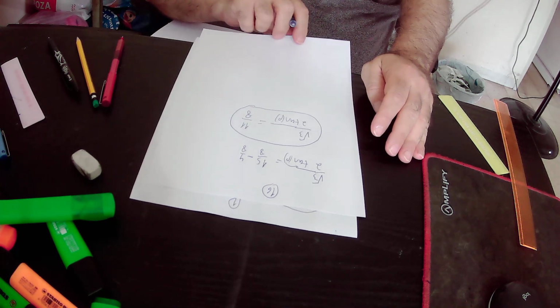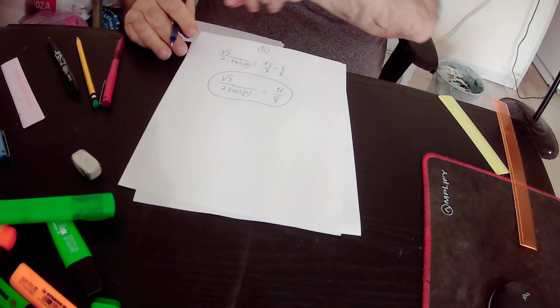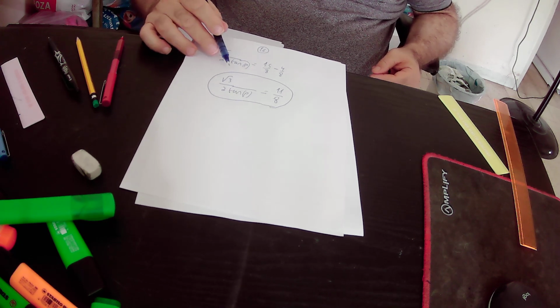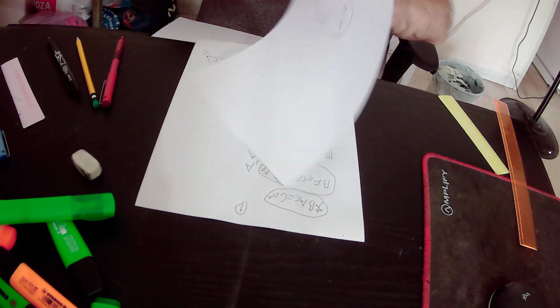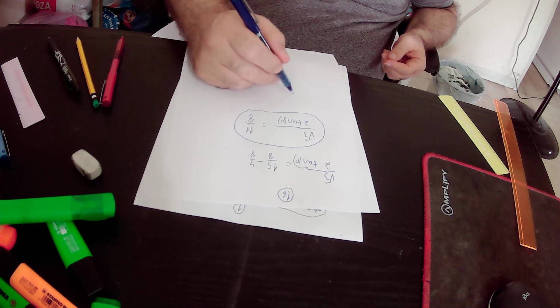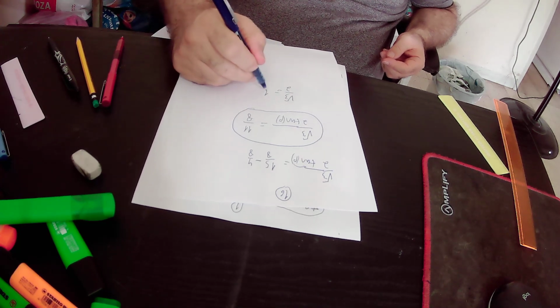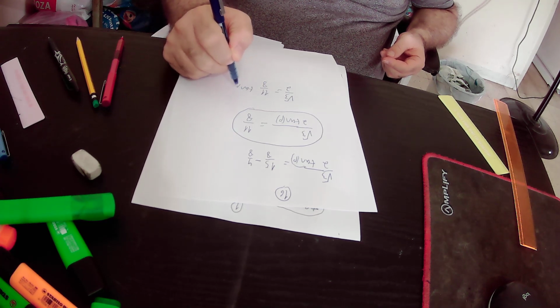Here we will multiply this equality by tangent p. So root 3 over 2 equals 11 over 8 times tangent p.